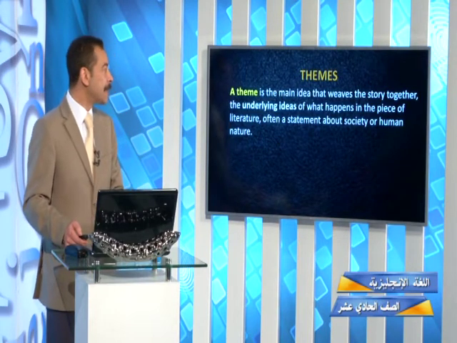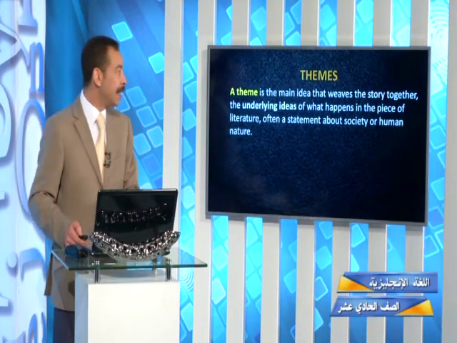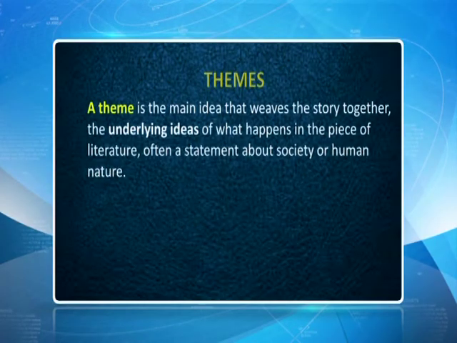A theme is simply the main idea that weaves the story together, the underlying ideas of what happens in the piece of literature, often a statement about society or human nature. In short, the theme is the message of the story, what the writer wants to convey to his readers. And most of these themes talk about society and human nature.